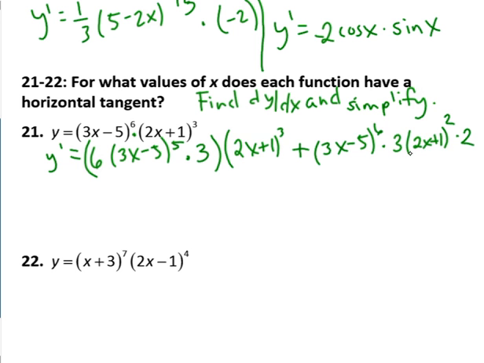Okay, so we're actually going to simplify this one together. So I'm going to clean this up a little bit with my coefficients. So 6 times 3 is 18 times 3x minus 5 to the 5th power times 2x plus 1 cubed.